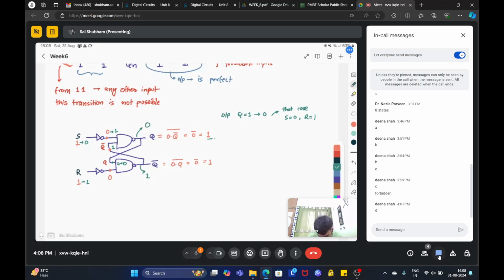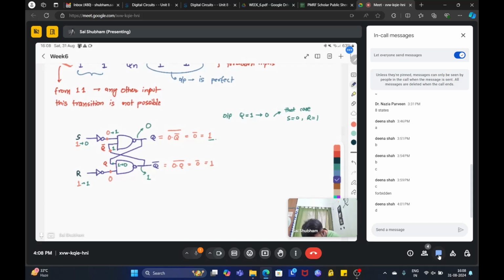So where is the race condition then? Let me check again.